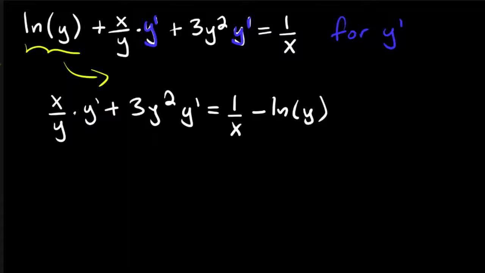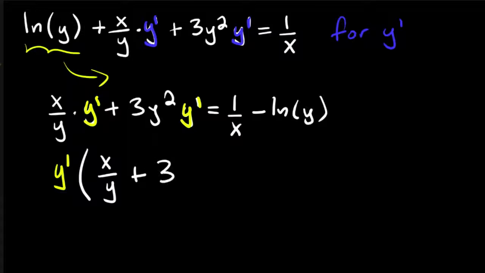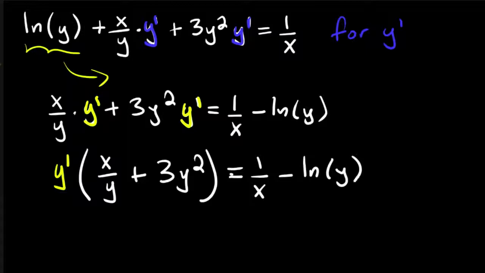Okay, and then since I have a y prime on both terms, it's common to both, I can factor it out, leaving me with x over y plus 3y squared, and the right side is just going to stay the same, 1 over x minus natural log of y.